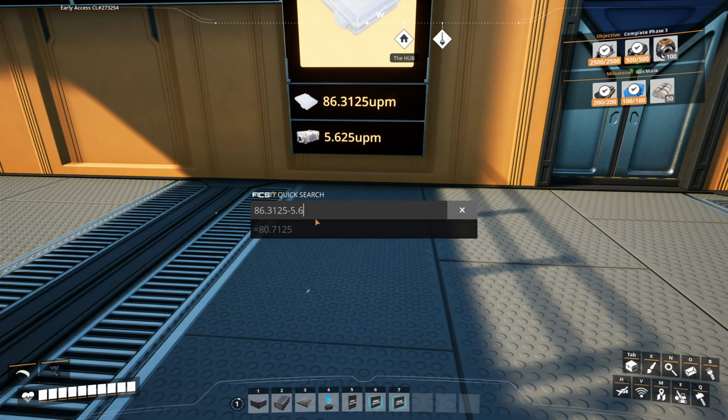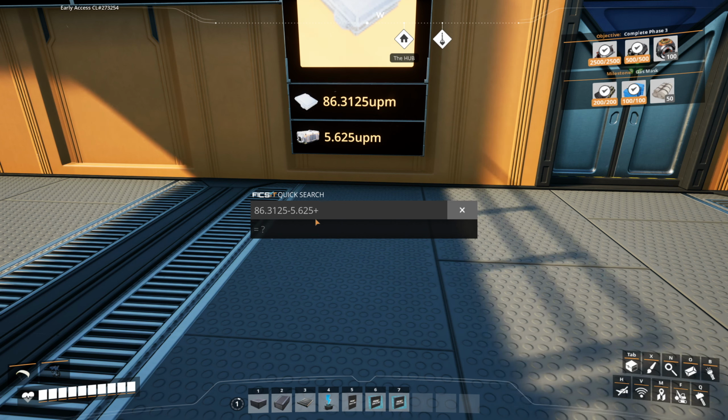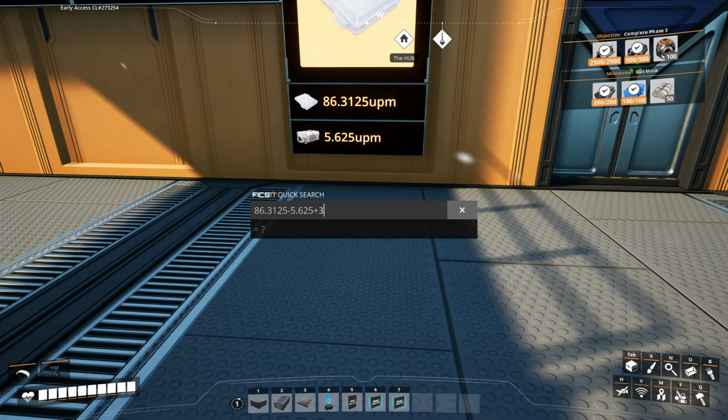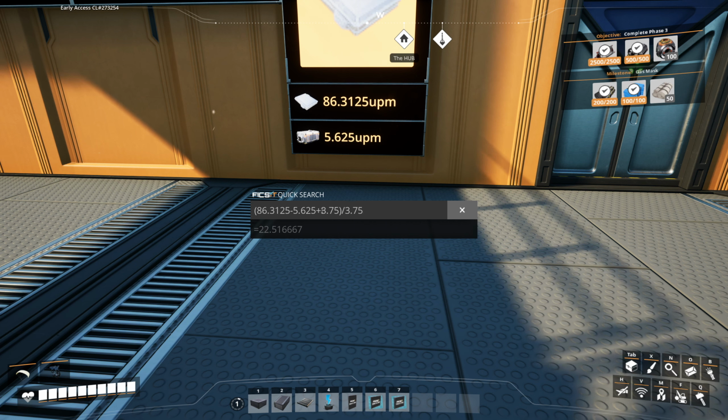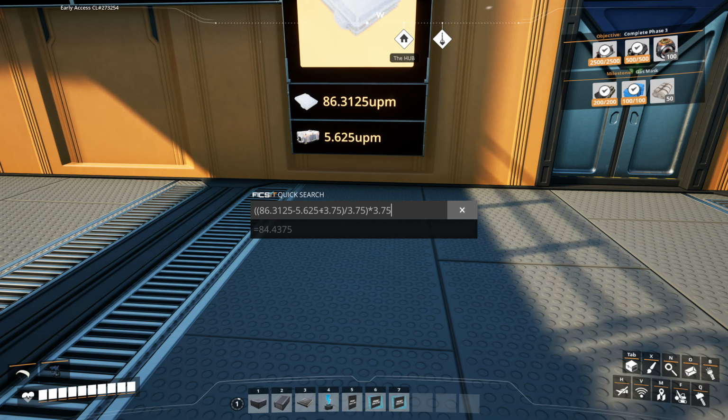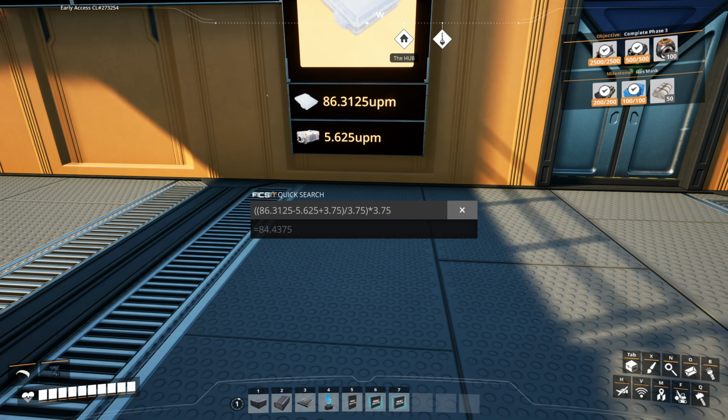6.3125 minus 5.625, pull up the thing on the wiki, plus 3.75, divided by 3.75 times 3.75. So 84.4375 rubber.